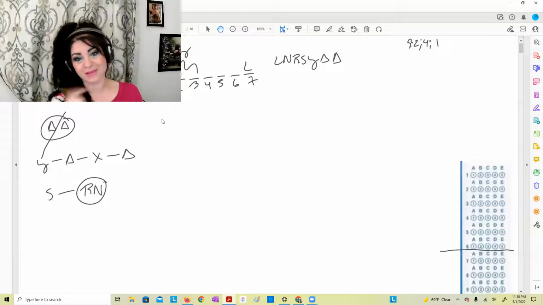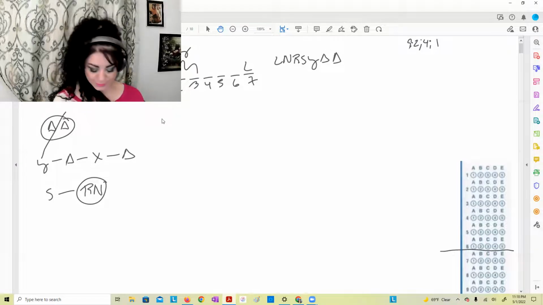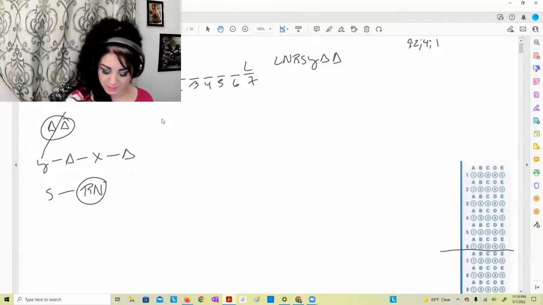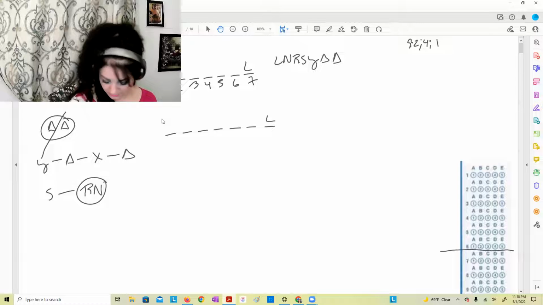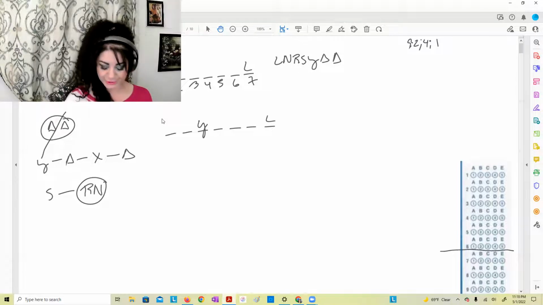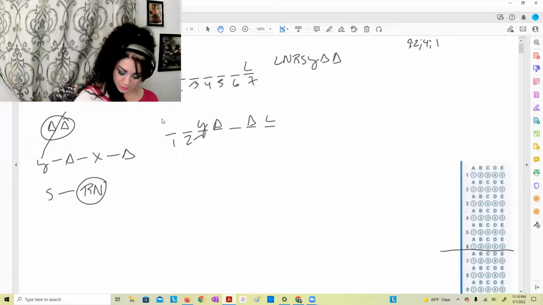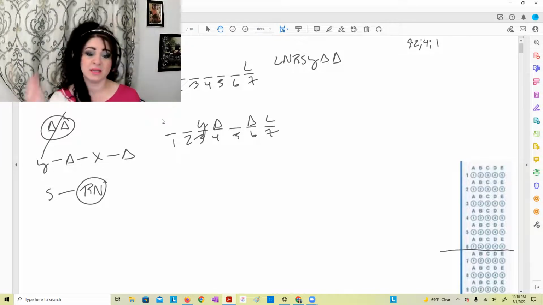Except, here's the thing. I don't think Y can be in position number 3. And I think it's because of how this rule and this rule will interact. Let's take a look and I'll show you what I'm talking about. If Y was here, our breaks would have to be on 4 and 6, and then something would have to be between them.